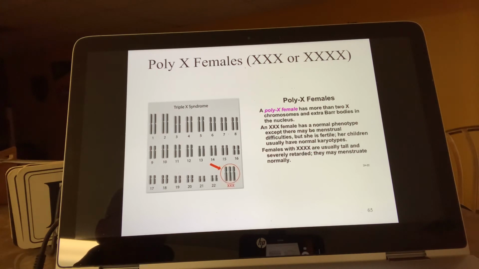They are generally fertile. They are generally functional, and they usually can have normal children. Poly-X females with 4 X's have severe mental retardation, but again, that's extremely rare.